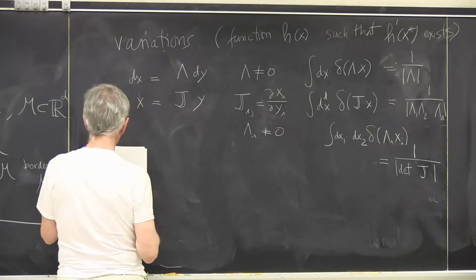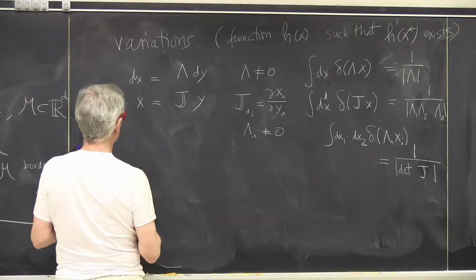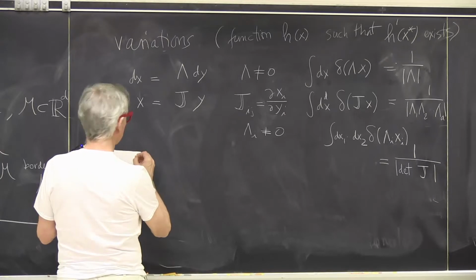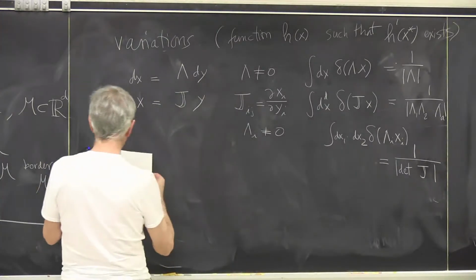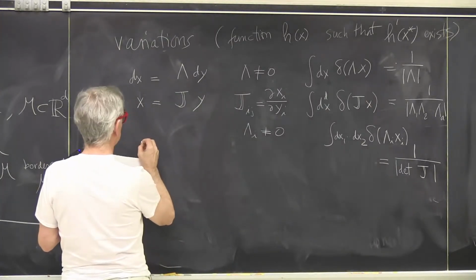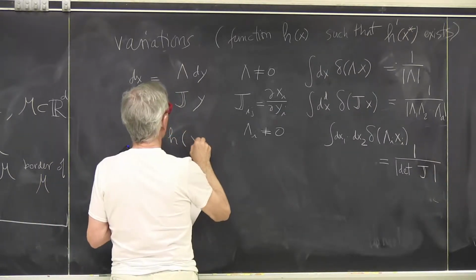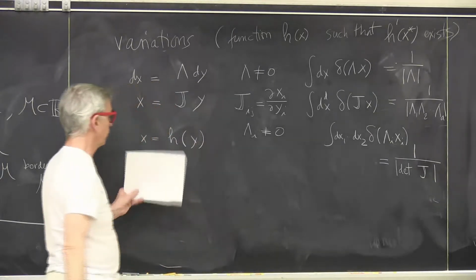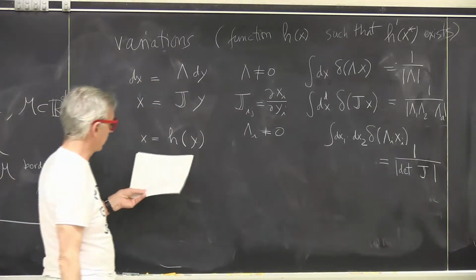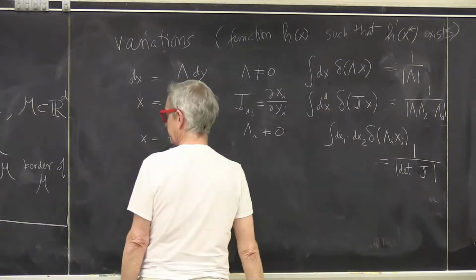Then you can make it slightly fancier by saying, I would like to look at a general coordinate change, say h of y, this is some smooth function, at least all we'll require is differentiable where we need it.